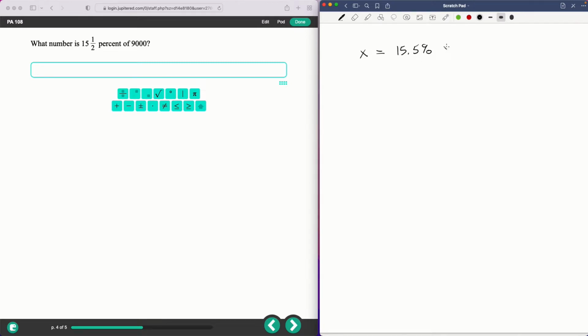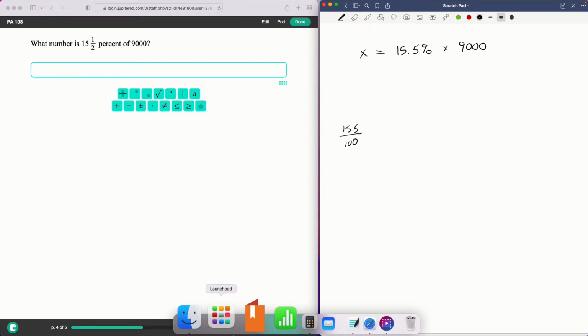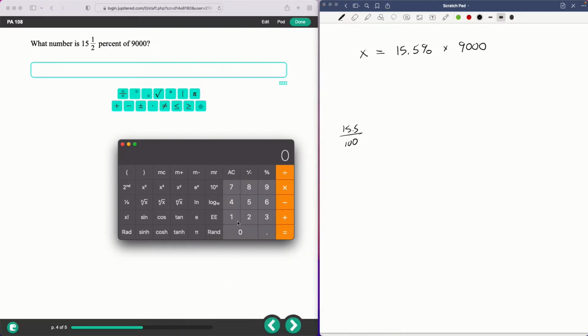15.5% of 9,000. In order to multiply this, we have to put it in a decimal format. So all we have to do is say 15.5 over 100, right? 15.5 divided by 100 is 0.155.